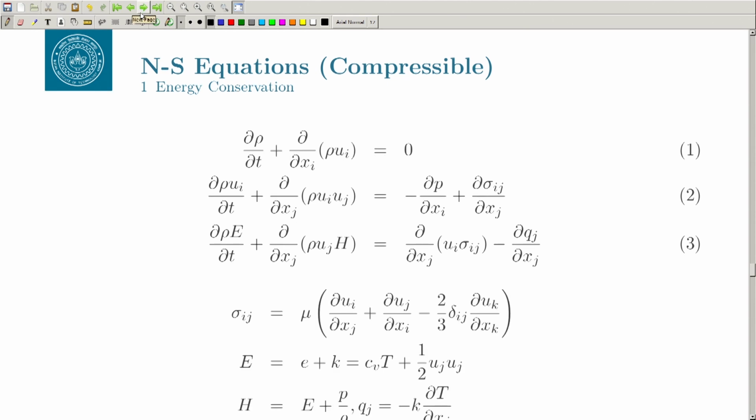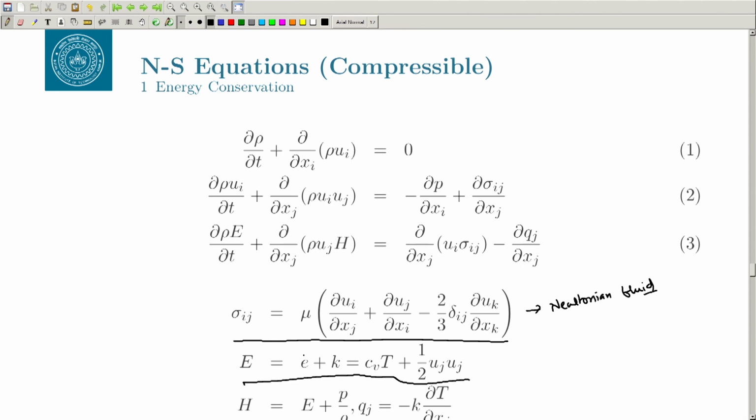Here the stress term for a Newtonian fluid will be like this. We have assumed the Stokes hypothesis, and for the energy we are considering the total energy equation.